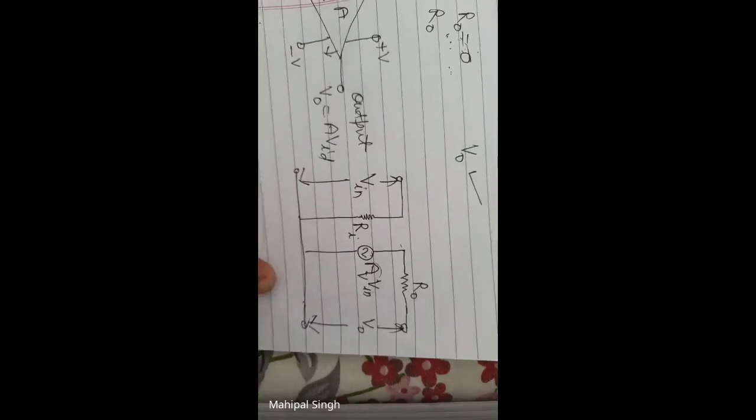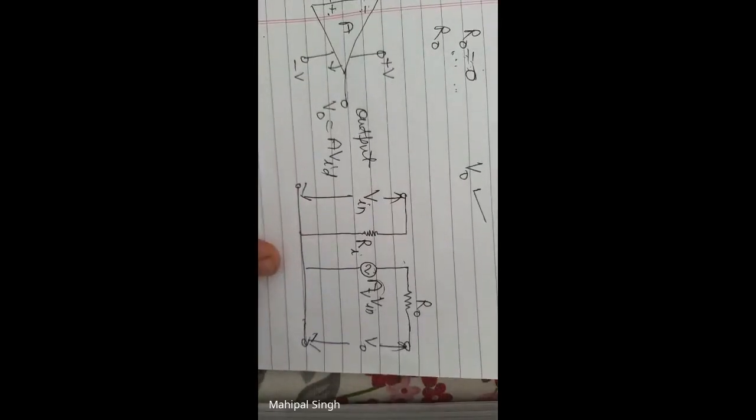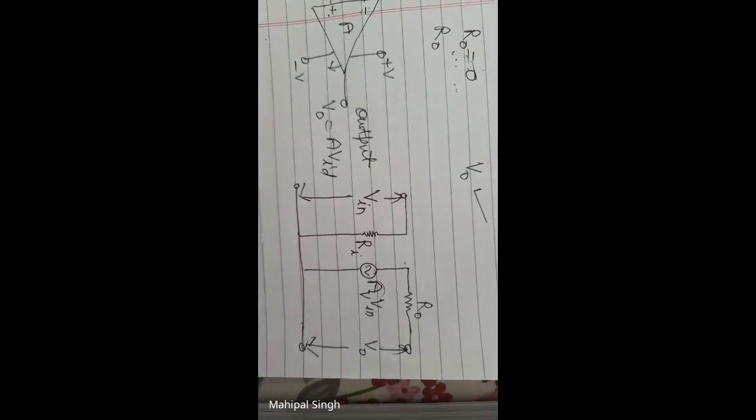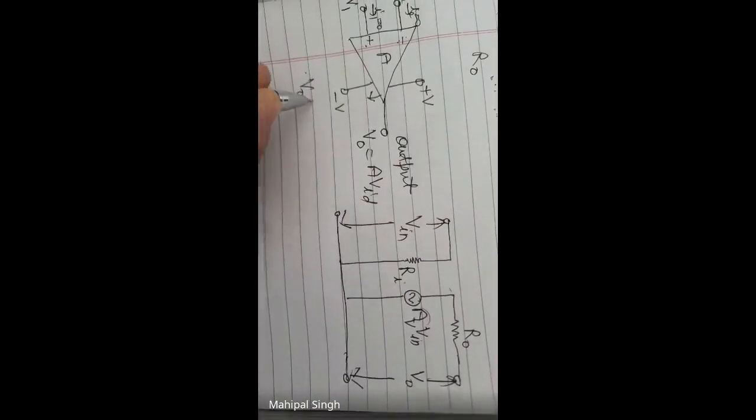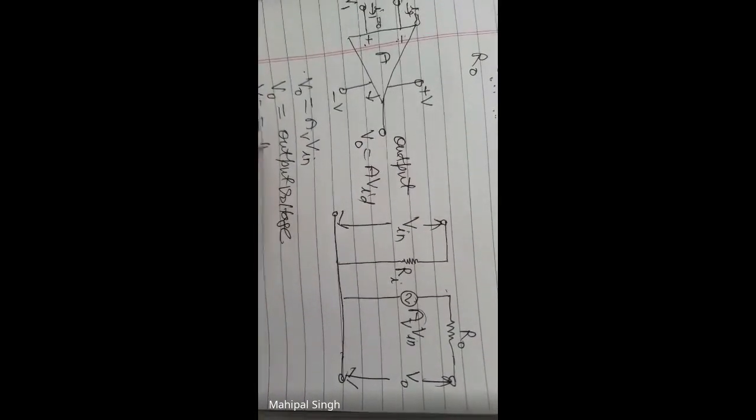These are for practical purposes. Now, for the use of operational amplifier in practical circuits, the electrical representation of the equivalent circuit is done in the following manner: VO equals AV times V input. VO is the output voltage and VIN is the input voltage.